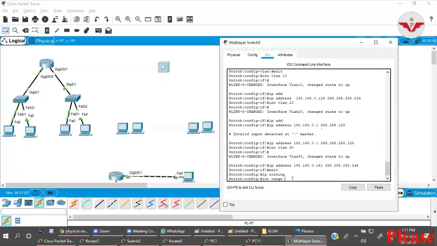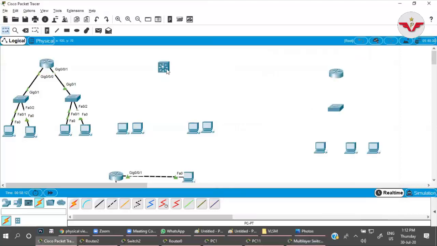Now, I have to define the switch port range as well. So int range. You can give it manually as well. Why am I using the range command? Because I want to give the range from port 1 to 10, all of 1 to 10 at the same time. Just look here at how many ports we have on the switch.